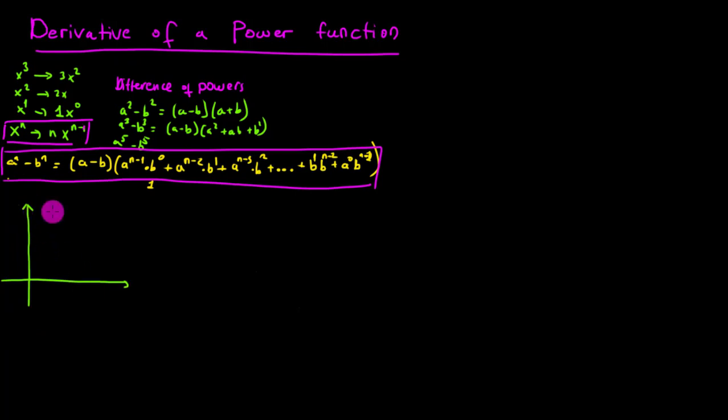Okay, let's have some graph here. So let's say this point is x. If this is x, this point should be f of x, yeah. So let's say the range here is h. So this one should be x plus h, and this point should be f of x plus h.